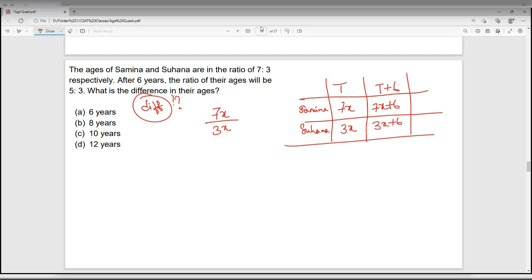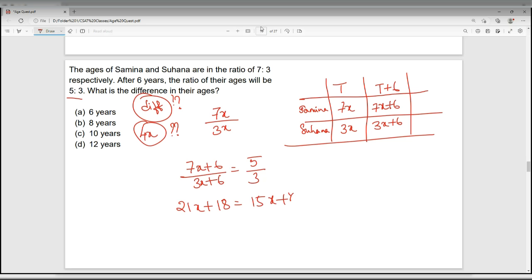What they're saying is that after 6 years the ratio is 5:3, and the difference that you have to calculate is 7x minus 3x, that is 4x. So do remember this. 7x plus 6 divided by 3x plus 6 is equal to 5 by 3. If you cross multiply, you have 21x plus 18 is equal to 15x plus 30.